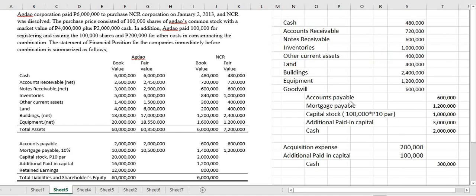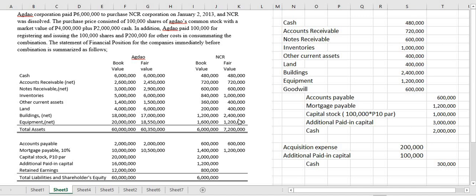So, to record the acquisition, Agdao Corporation shall debit all the assets of NCR at fair value. So you have cash of 480,000, AR of 720,000, notes receivable of 600,000, inventories of 1 million, other current assets at 400,000, also land at 400,000, buildings at 2.4 million, and then equipment at 1.2 million.